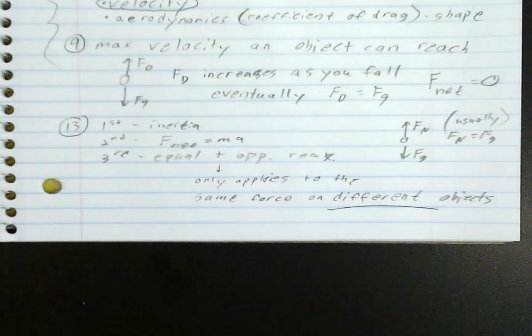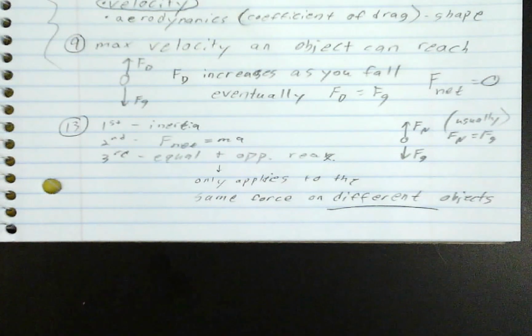Notice that when we do force of gravity and normal force, they are on the same object. They are not on different ones. They are on the same object, which means they are two different forces. One is gravity pulling down on me. The other is the normal force pushing up on me.